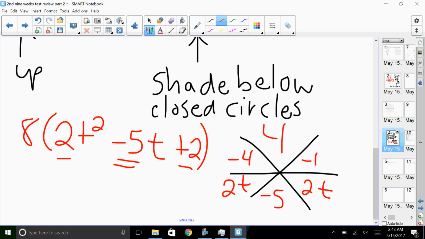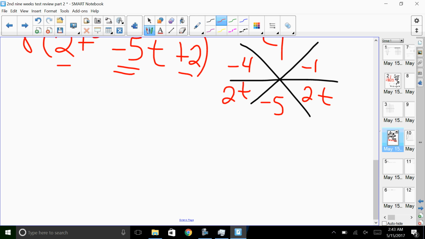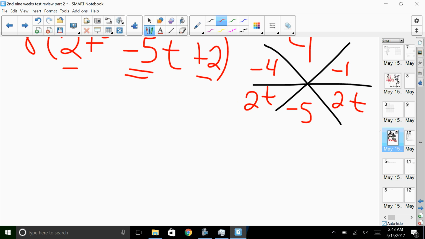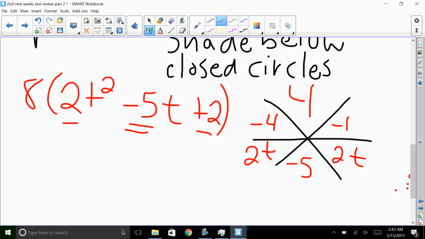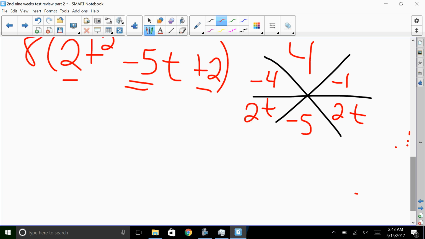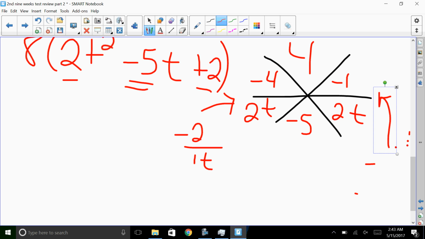Alright. So this reduces to negative 2 over 1t, and that just stays negative 1 over 2t.